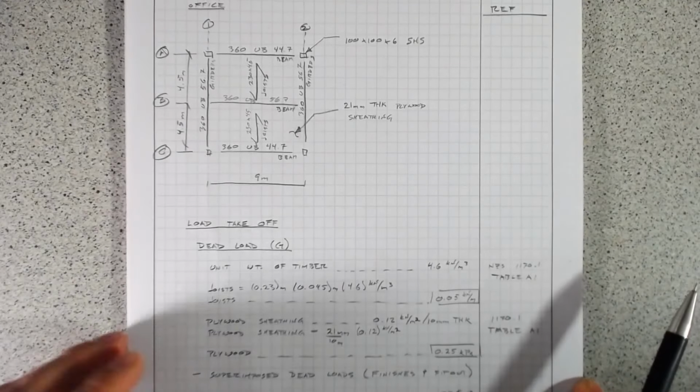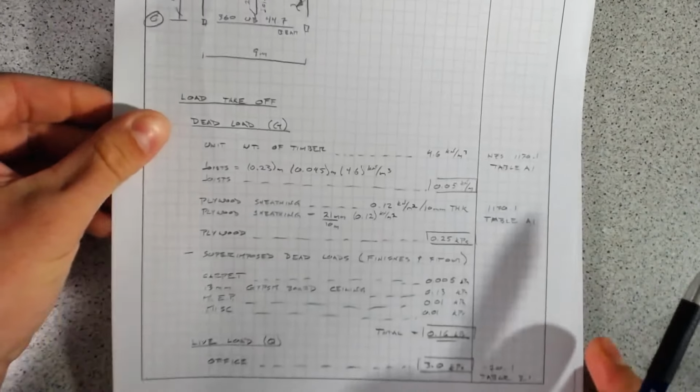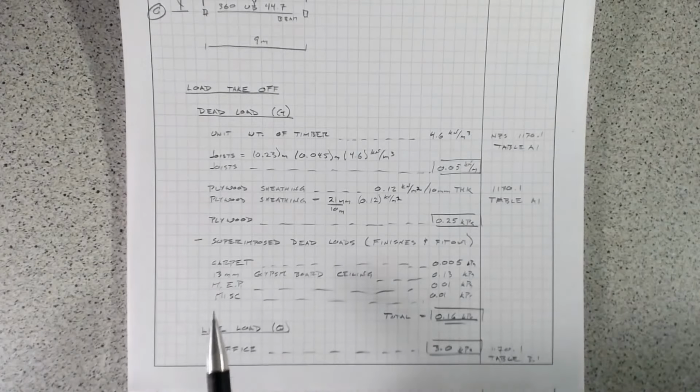Some other loads that we have, obviously, in buildings we have the finishes and services and the like, so we'll take some allowance for that, for the carpet, for the drywall ceiling, so the gypsum board ceiling, and for any mechanical, electrical, plumbing we would take just a small amount of weight. That's typically not a heavy load, so 0.01 kPa is appropriate.